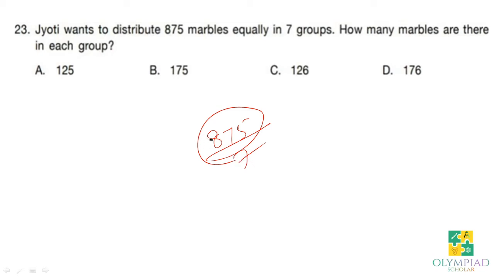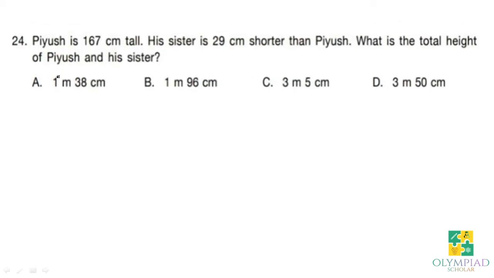So 7 here, 8 is there, so 7 one time is 7, so 1 goes to this side, and 7 2 times is 14. Again you will have 3 left, so this 3 will come here and it will become 35. So 7 5 times is 35, so you get 125, that is option A.